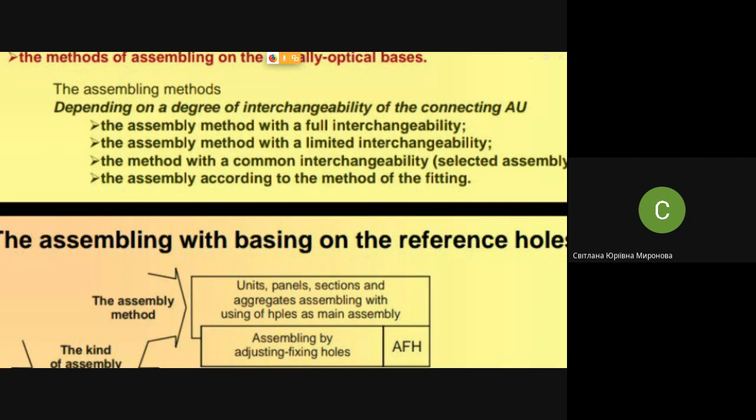Mechanical and physical interchangeability, weight interchangeability, is already so-called by default. It's supposed to be without any mentioning. It should be made of the same materials, the same state of materials, and so on. Now we are interested in how to provide geometrical interchangeability during assembly.